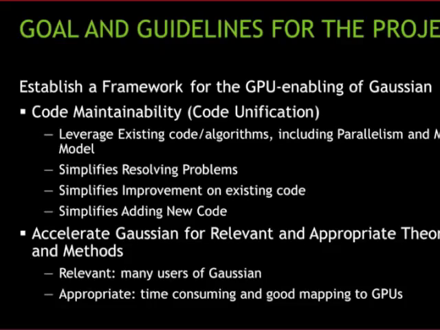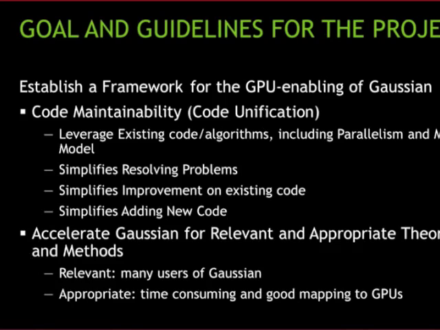So when we are looking into enabling Gaussian on GPUs, one of the main concerns is to have a unified code base. This simplifies everything that has to do with maintainability of the code, but also it permits the leveraging of the existing code and algorithms.